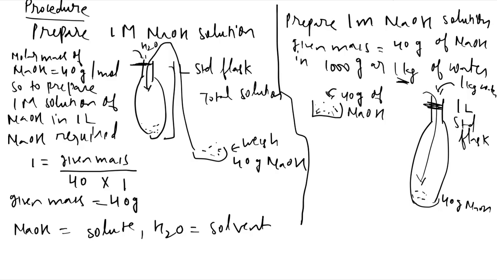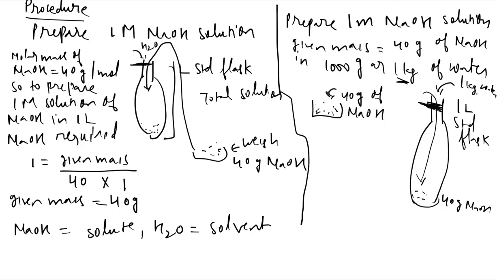Now this time it may or may not coincide with the exact 1 liter mark, but it doesn't matter. In the molar case we fill the water till this mark, whereas here we just calculate how much water and how much NaOH we require, and we just mix them.